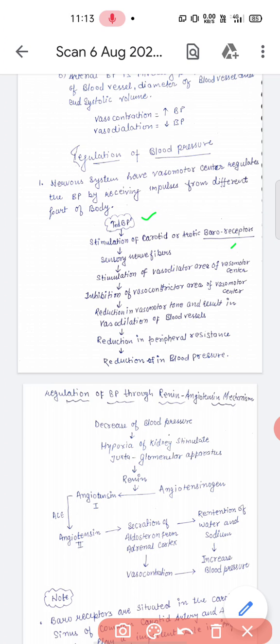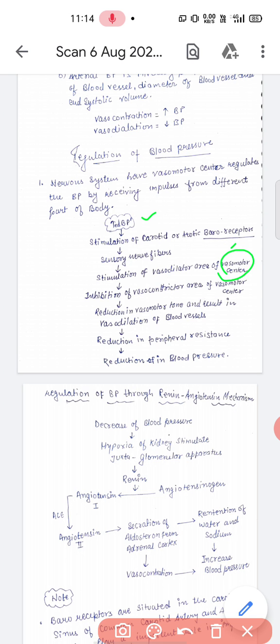Baroreceptors are mostly situated in your greater arteries such as the aorta and carotid artery. That stimulation is received by the sensory nerve fibers, and those sensory nerve fibers stimulate the vasodilator area of the vasomotor center. The vasomotor center is located in the relay station of the medulla and pons.